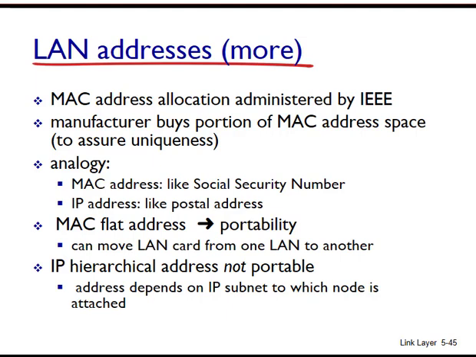A laptop with an Ethernet interface always has the same MAC address no matter where it goes. A smartphone with an 802.11 interface always has the same MAC address no matter where the smartphone goes.